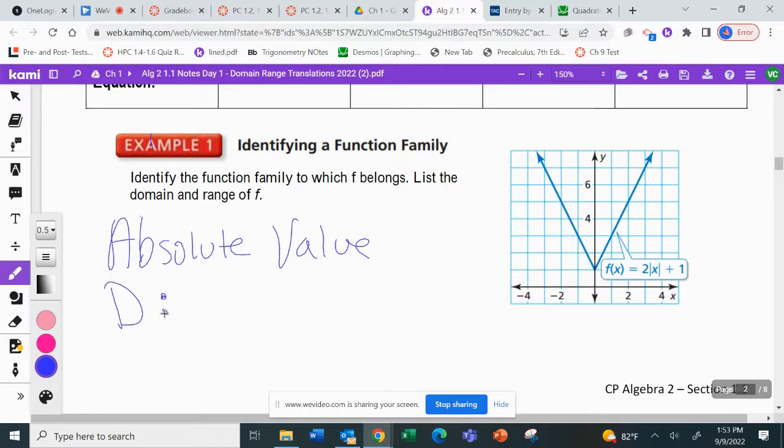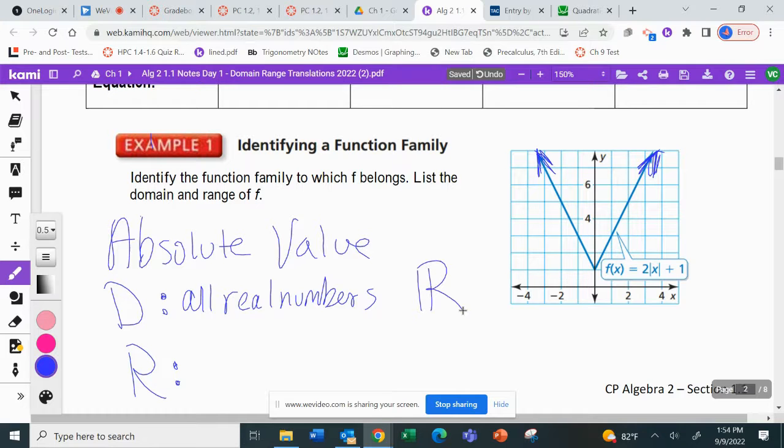Domain is the x's. Range is the y's. So the first thing we do when we find domain and range is look left to right. Look at the picture. Left, right. Does it ever stop? No. So what do I say? I can write out all real numbers, or I can put in the abbreviation for all real numbers.